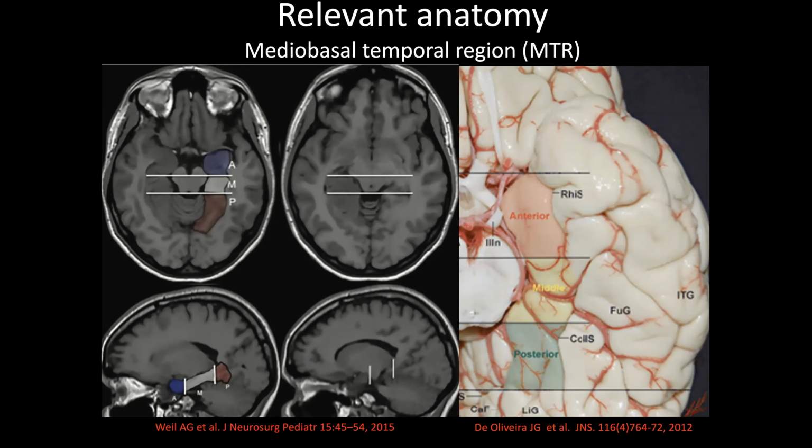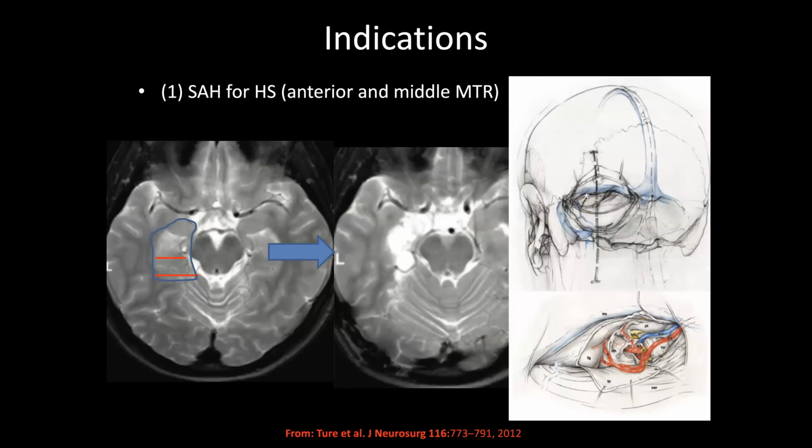And without getting into too much detail, we can see that essentially a selective amygdalohippocampectomy is a resection of the anterior and middle portion of the medial basal temporal lobe. And the SCTT approach is an excellent approach to reach these structures for patients with hippocampal sclerosis.